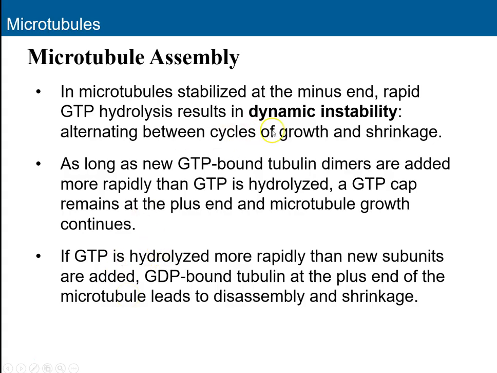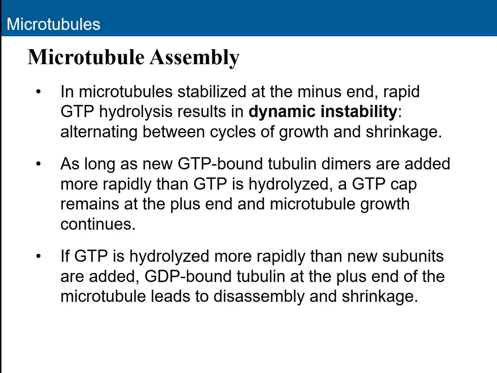All right. Again, when we talked about this with actin, we called it treadmilling. Okay, again, it's kind of the same idea, but it's not treadmilling. It's slightly different. But again, you can see a lot of similarities here. Okay, so there's a term that we use called dynamic instability.